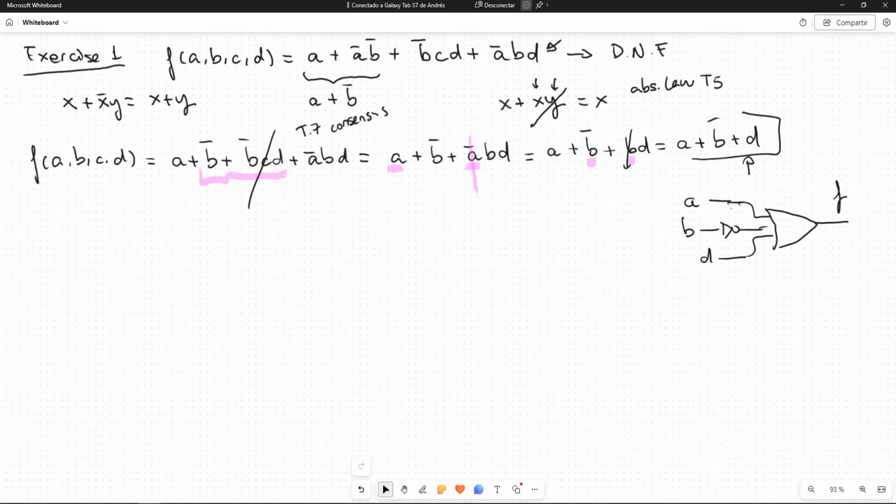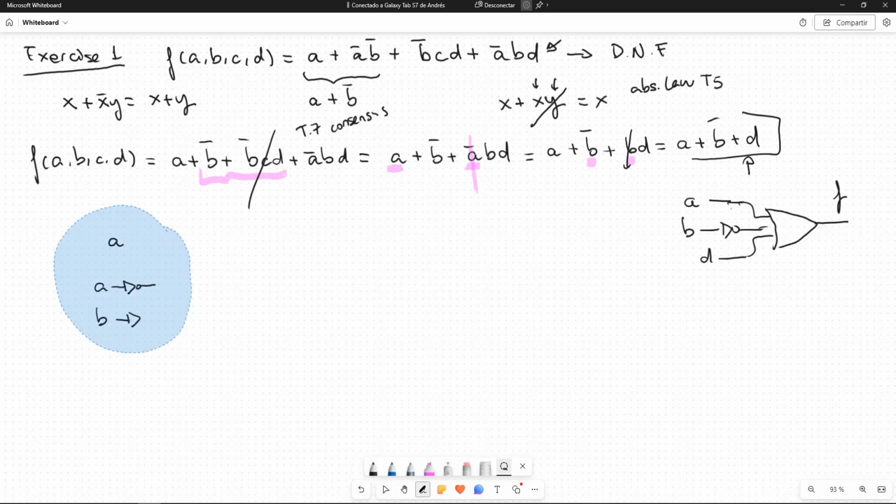If we use the original function, I'm going to do it just to compare. A, inverted B, well, inverted. I'm not going to do it, but you can imagine, because the tablet is not working properly, so it's a little mess.